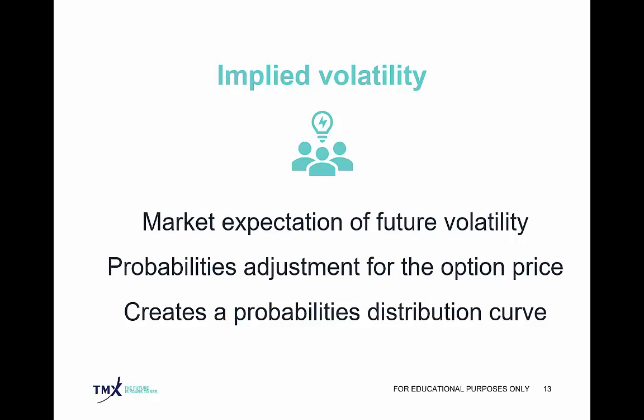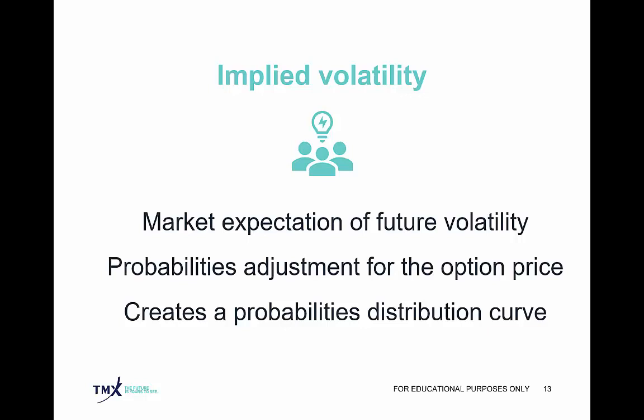Because again, if you think about it in the context of probabilities, we want to recognize that market makers, those trading professionals that are behind setting options prices and then filling the various bids and asks and matching buyers to sellers, are basically trying to price options based on the probability of whether or not those contracts are going to be in the money or out of the money on expiration.